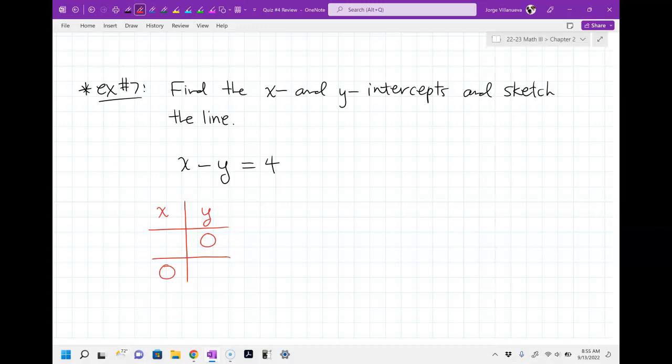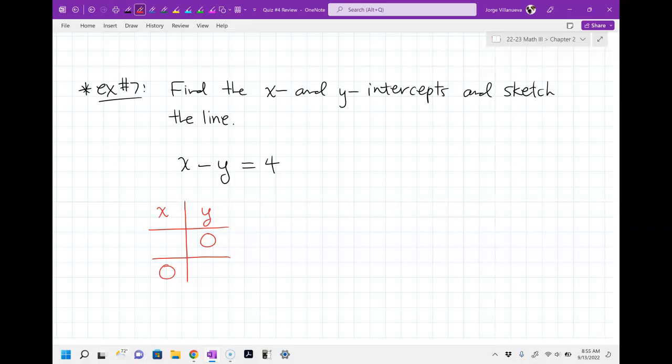The top 0 is going to give you your x-intercept. The bottom 0 is going to give you your y-intercept. And all you have to do is plug in y equal to 0 first and solve. And then plug in x equal to 0 and solve. And then whatever you get, that's going to give you your 2 points. Put them on a graph, connect the dots, and you're done.